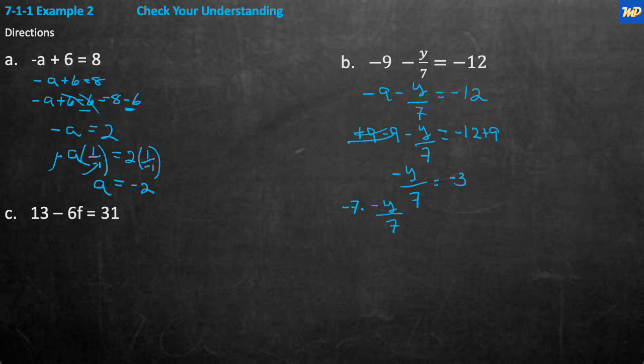So these 7's will end up canceling each other, and these negatives will cancel each other. So then we'll end up with minus 3 times minus 7. So if we carry this out, y is equal to 21.